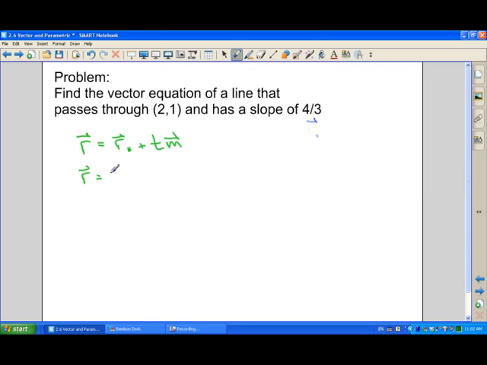So my vector is equal to my starting point, 2 and 1, plus my parameter t, times my direction vector. Since my slope is 4/3, 3 is my run, 4 is my rise, so it would be a direction vector of 3 and 4.